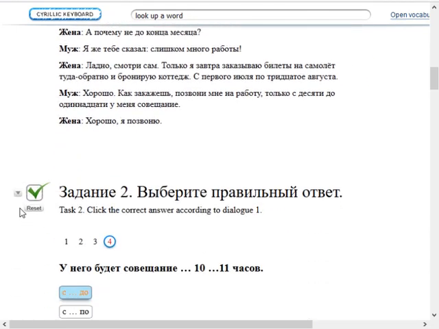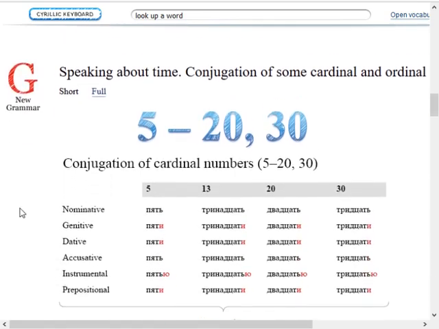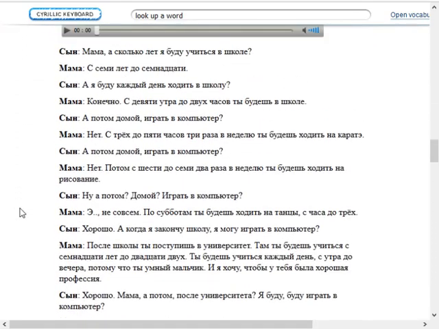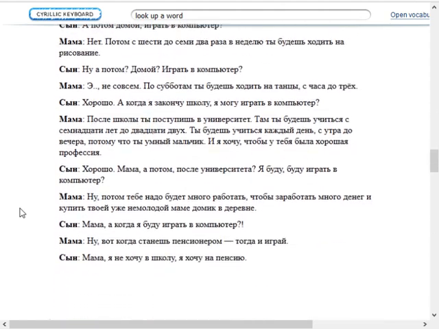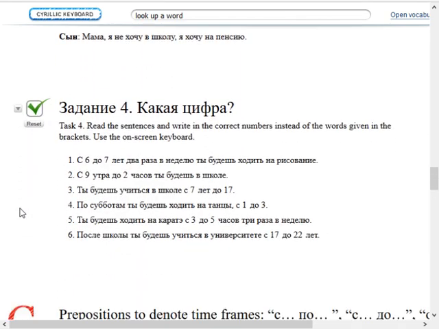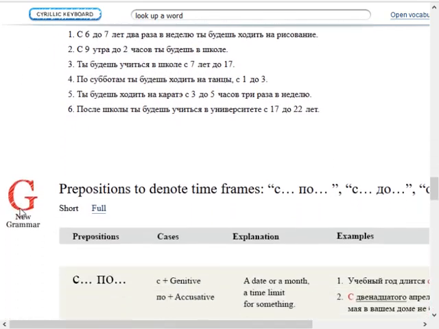This is the first dialogue. This is the second dialogue, which I thought was reasonably easy. It was almost all just с/до. Which digits to use here for these numbers, I thought that was also pretty easy.